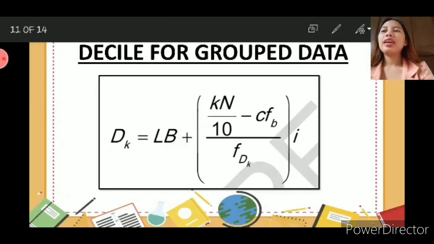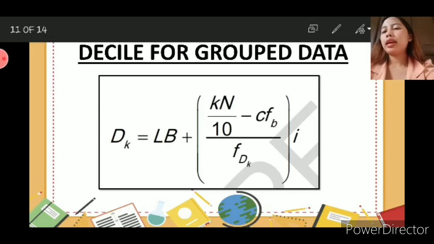Everyone, today we are going to talk about the decile for grouped data. The definition of decile: those values of the distribution that divide the total frequency into 10 groups. Later on, we will know more about quartiles, but let us focus now on decile. In finding decile for grouped data, we use this formula.